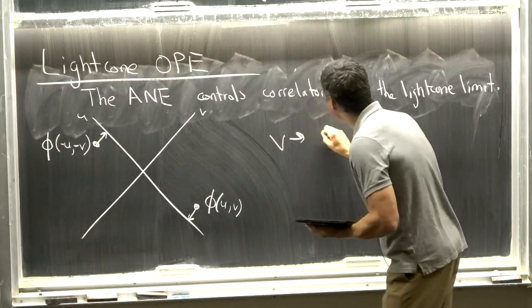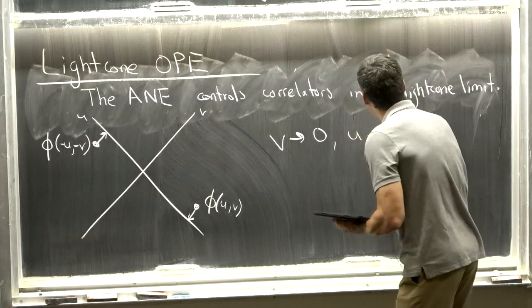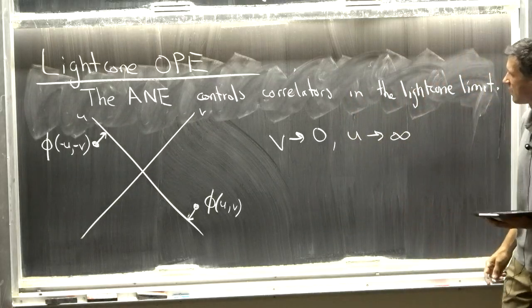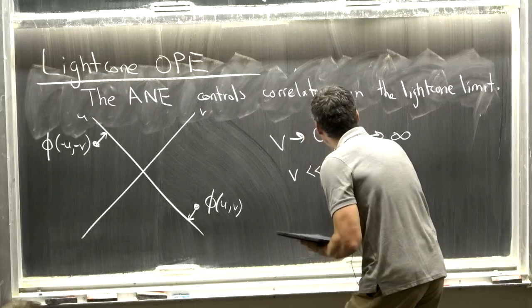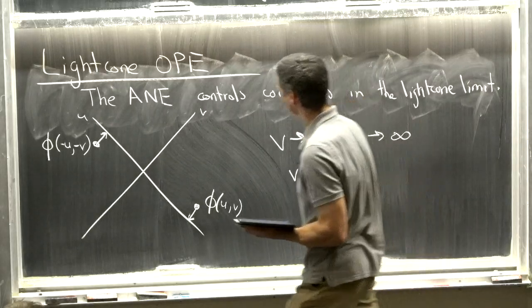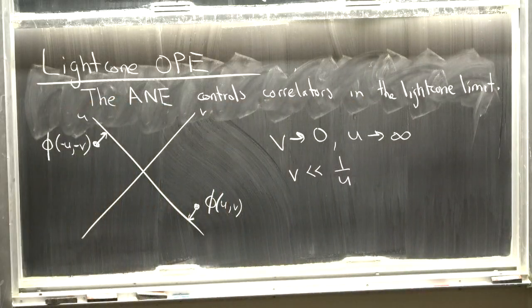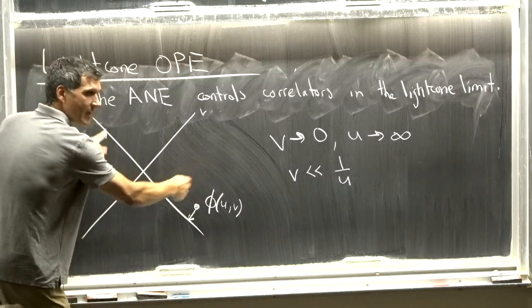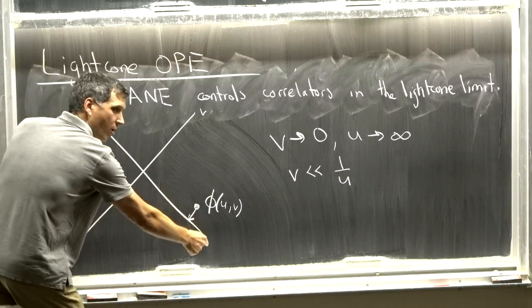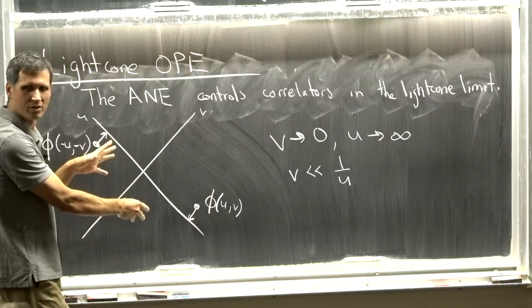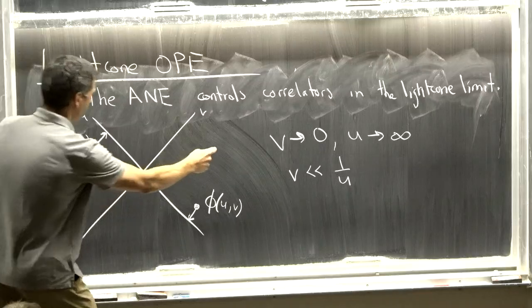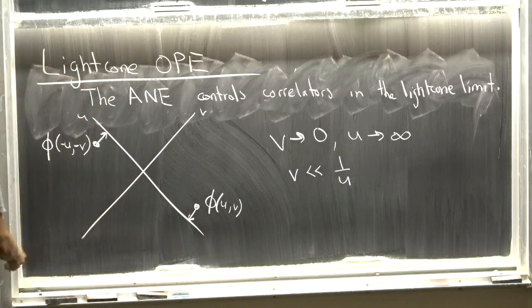Specifically, I'm going to take v to 0 and u to infinity while taking v much less than 1 over u. What that means on the picture is that I'm not just taking the light cone, I'm also taking them far apart, but mostly I'm taking them to the light cone because we're taking that limit first. Take them first to the light cone and then pretty far apart.